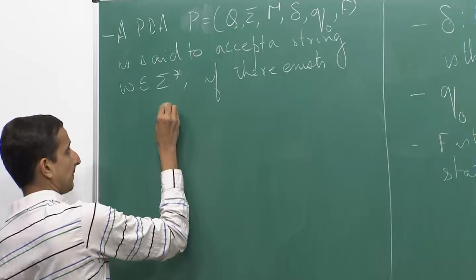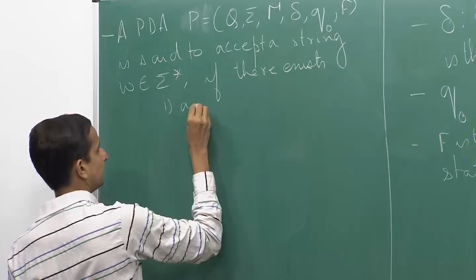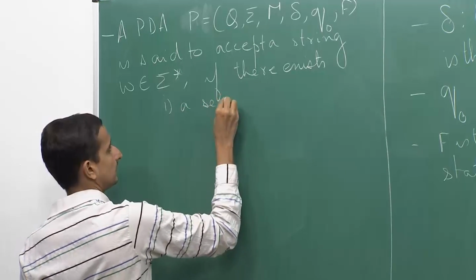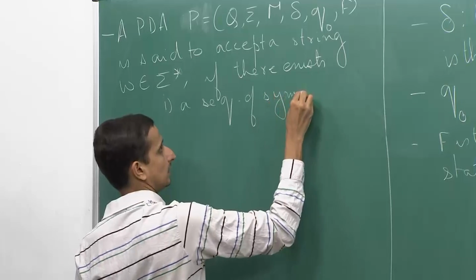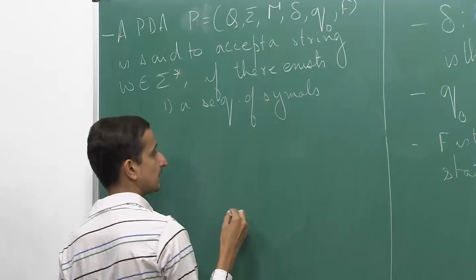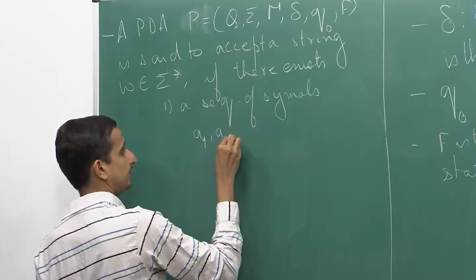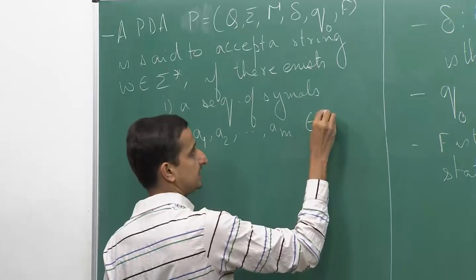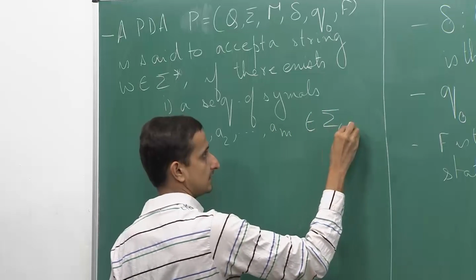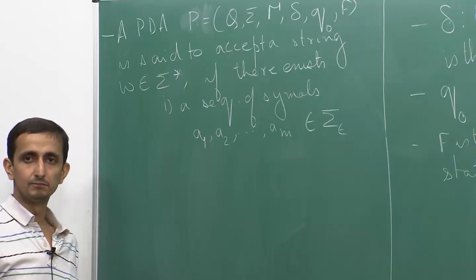Firstly, there exists a sequence of symbols a1, a2 up to am, each belonging to sigma epsilon.